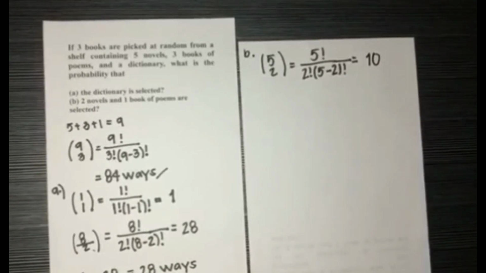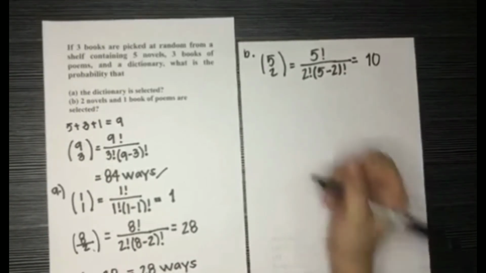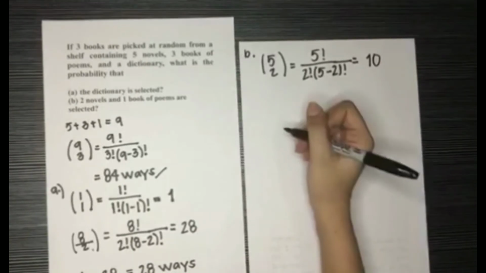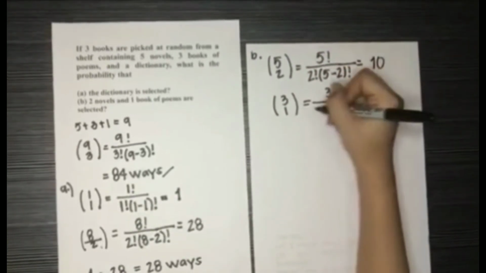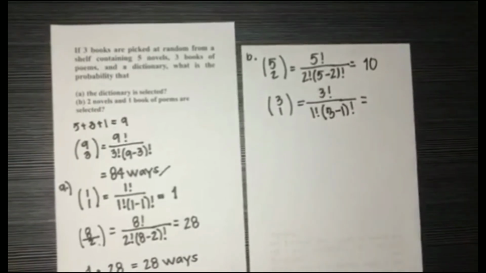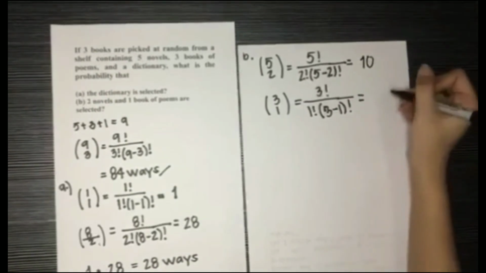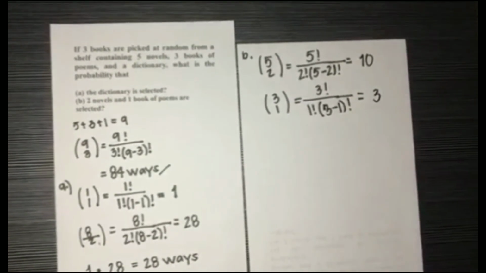The number of ways to choose 1 out of 3 books of poems is 3 ways.